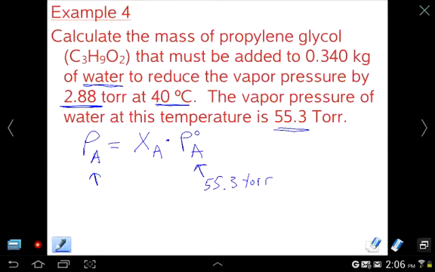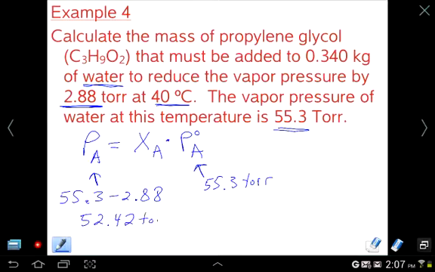So we do 55.3 minus 2.88. If you do this simple calculation, we should get a value of 52.4.